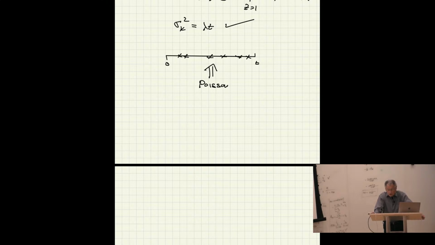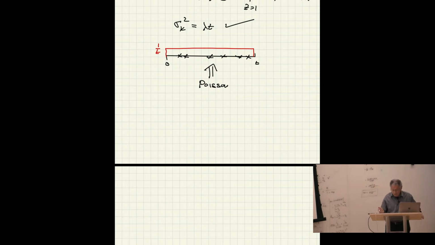Suppose you know that k came in there. It turns out that's the same distribution as if you allowed k arrivals to come uniformly over this interval. I'll draw that in red. Suppose there was a uniform distribution of picking the time when an arrival occurs. That would have a probability density of 1 over t. Just throw them in there. The statistics of where they fall in the uniform case is the same as the Poisson.